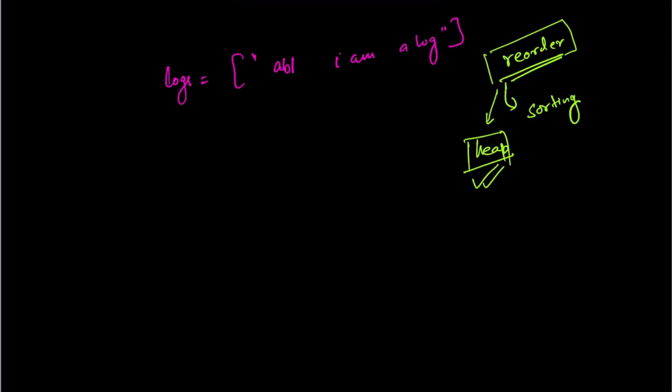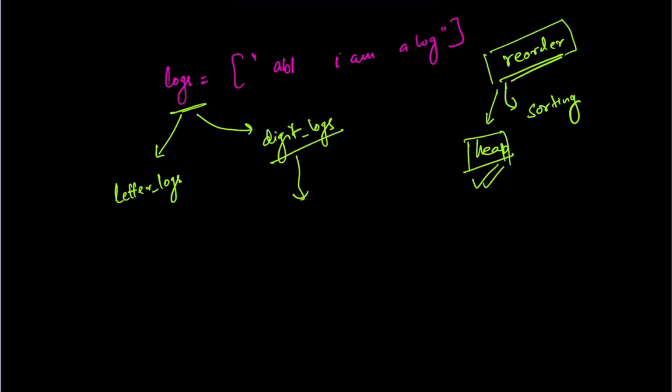What we will do is, in this collection of logs, we will identify and separate out the letter logs and the digit logs, because they have different rules for arranging them. For the digit logs, we just have to follow the order in the example. That is, we don't have to do anything. We can copy them as is.